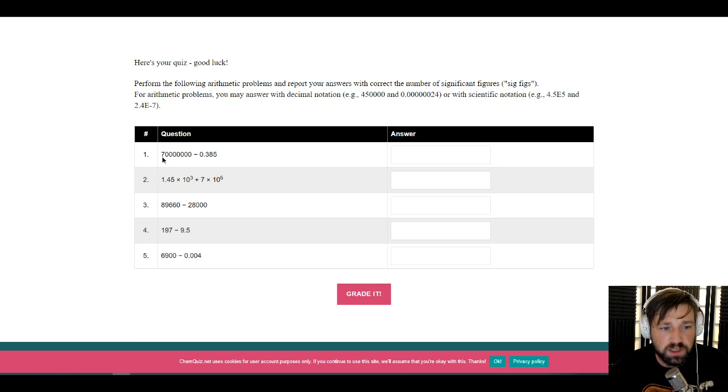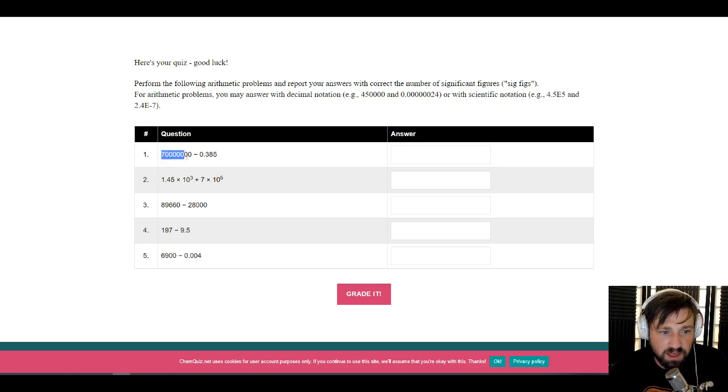And whichever one is larger, so this 10 millions place is larger, is what we round to. And this is a good example of why we do this. I have this huge number, 70 million, and I'm just subtracting 0.385, just a tiny little sliver off of it.